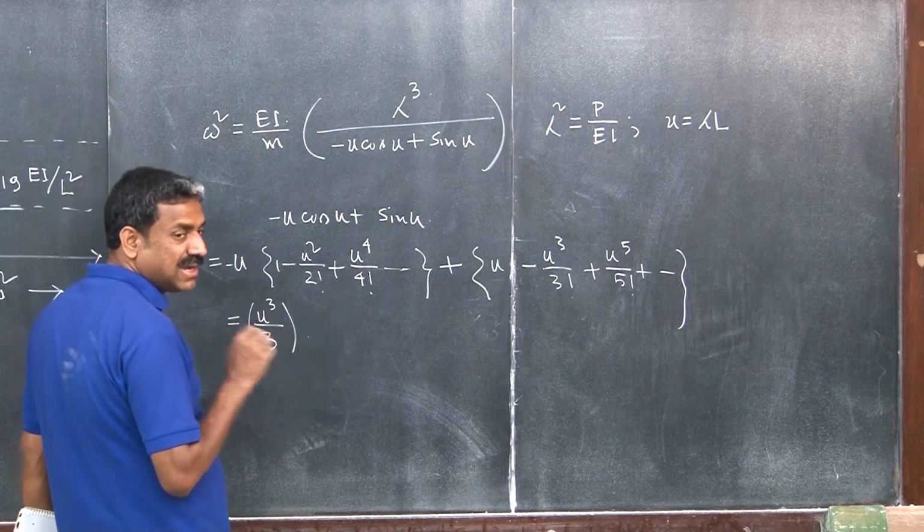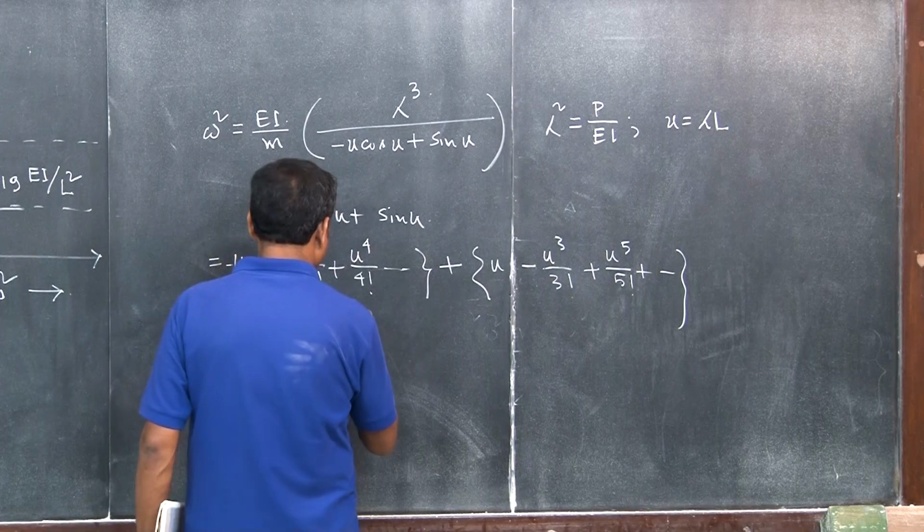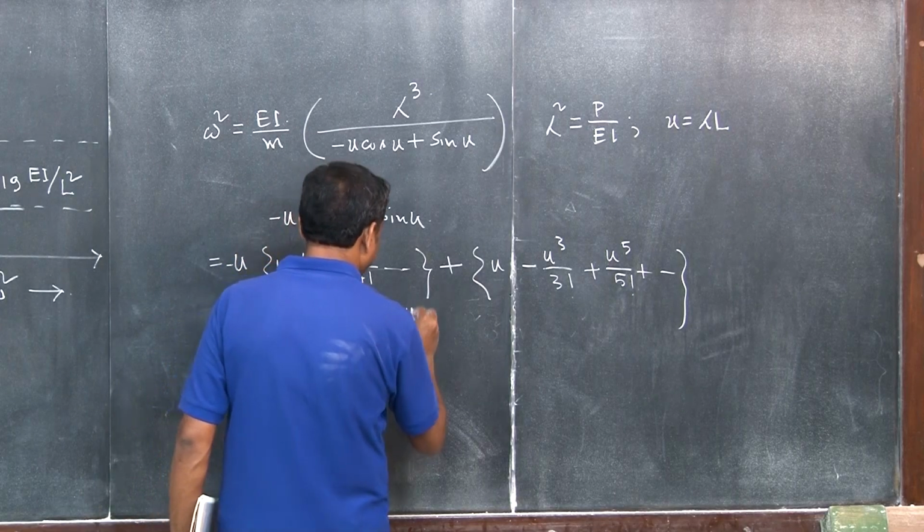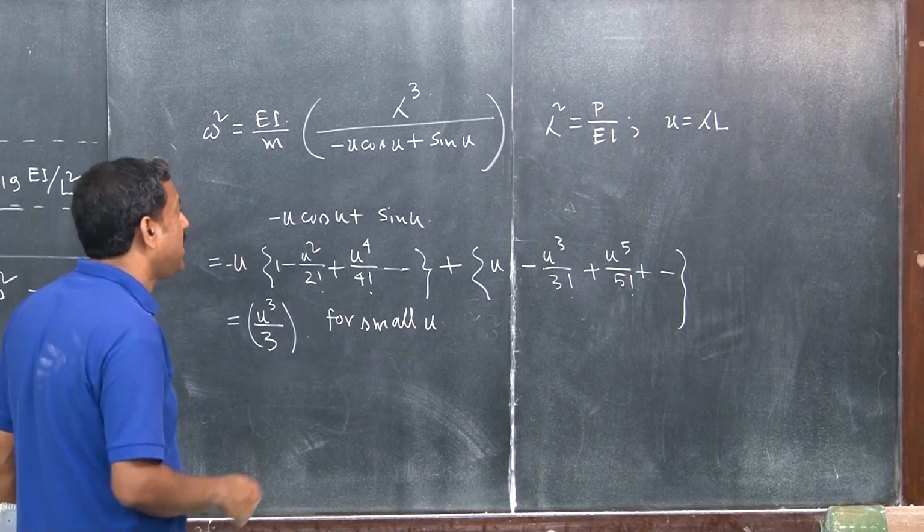Very small u, when P tends to 0. Small u means small P as well, right?